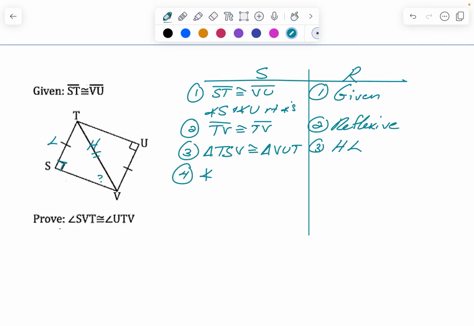And you know what? We could always use this to help us write our congruent statement. So SVT, UTV, yep, we did it right. Those are congruent. So angle SVT is congruent to angle UTV by CPCTC.